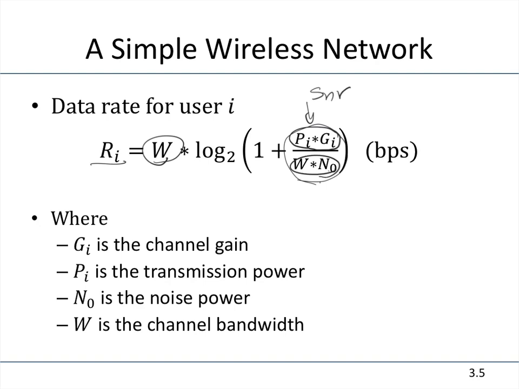This is the noise floor, or the noise power. So by increasing the signal-to-noise ratio, in other words, by having a transmit power which is much higher compared to the noise power, you can increase the rate, but logarithmically, not linearly. So this is what Shannon said.